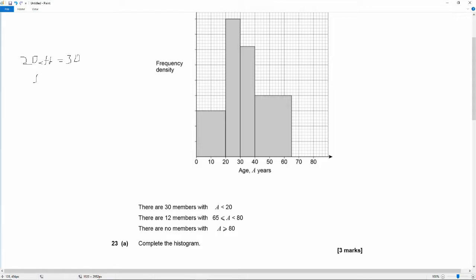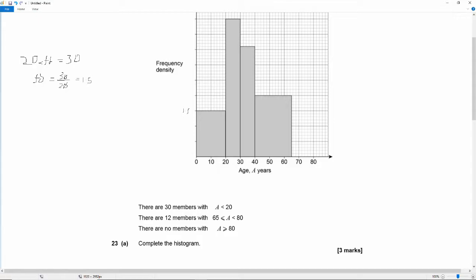So frequency density is equal to 30 divided by 20. Cancel the zeros. 3 over 2 is 1.5. And this bar is 3 units high, so this is 1.5.